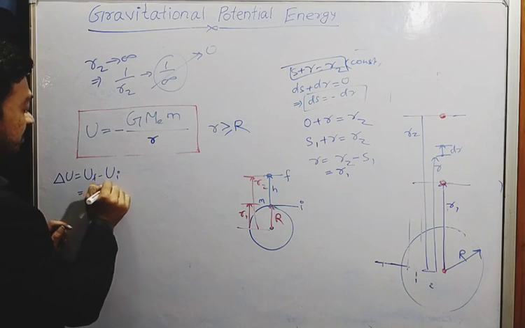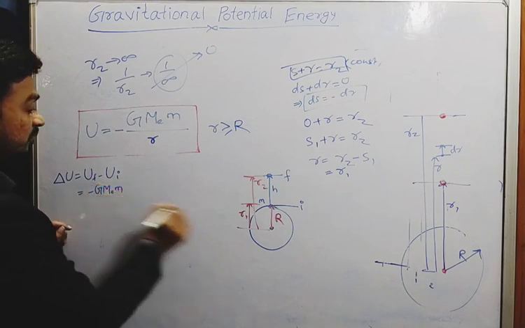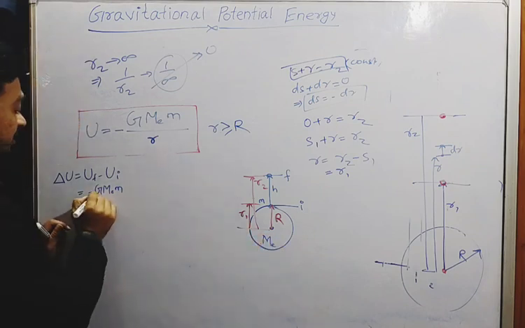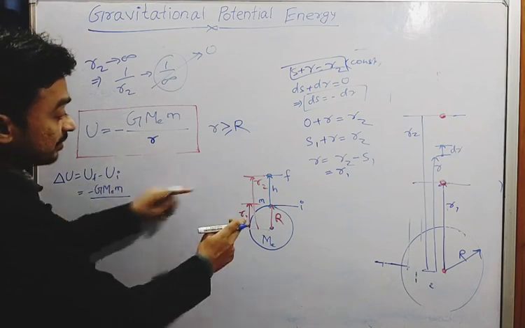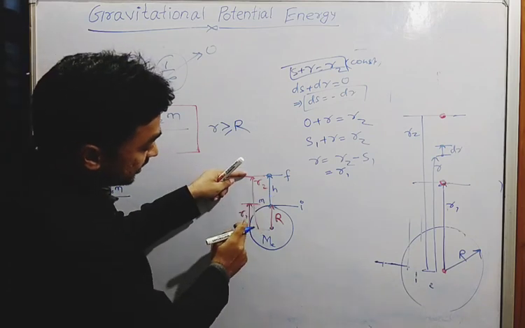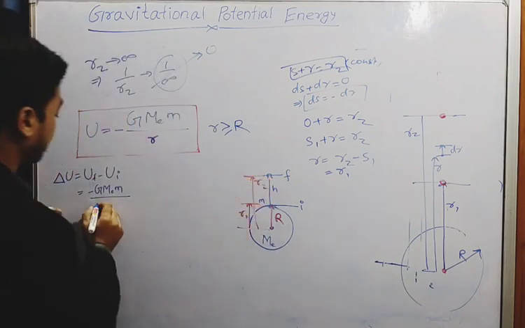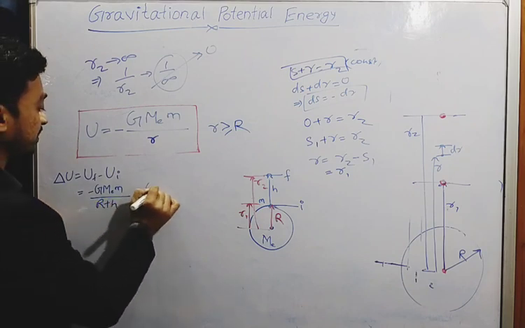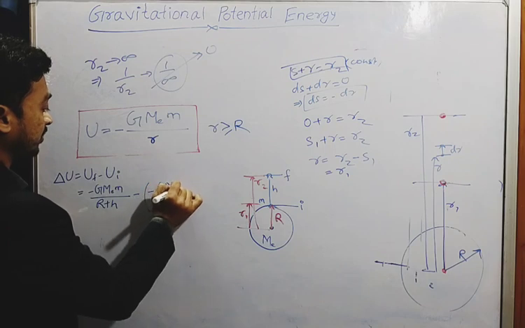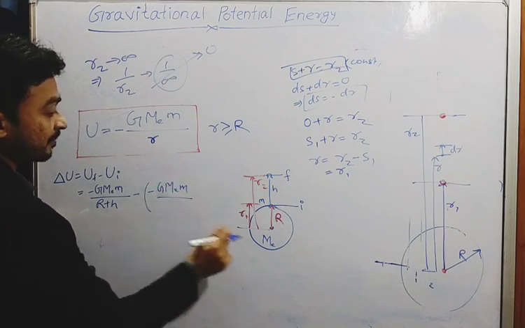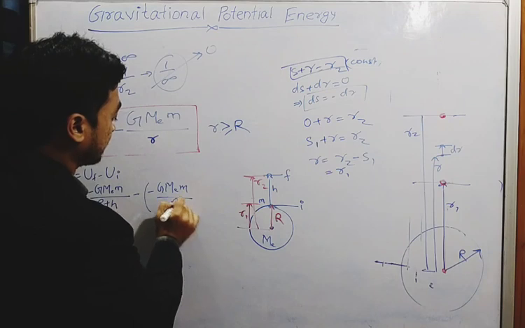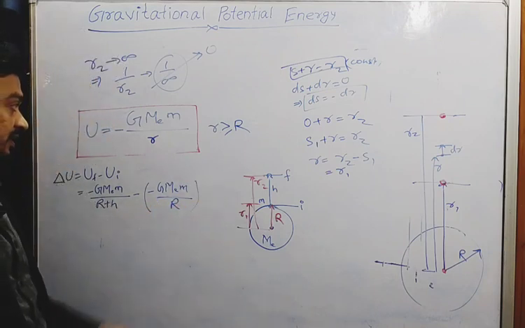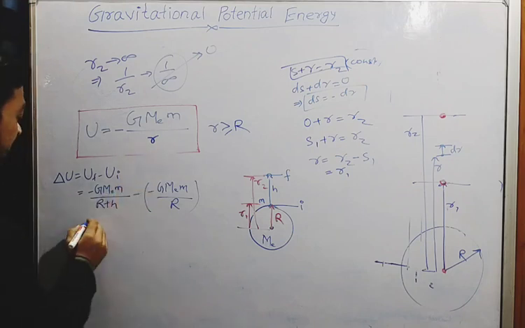Minus G mass of earth, mass of object m, by the final distance r2, which is r plus h, minus the initial one. On the surface, the gravitational potential energy is at r.